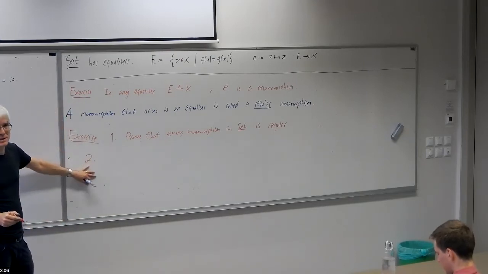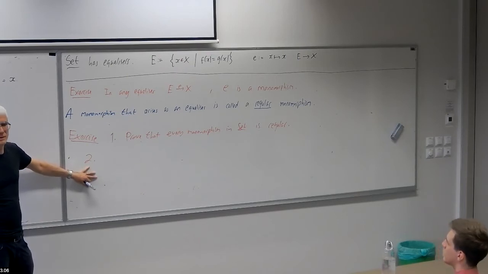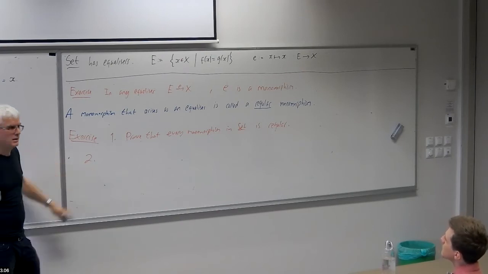The second exercise: I said it's not true in general, in a category, that every monomorphism is regular. In the category of topological spaces, it is not the case that every monomorphism is regular. The regular monomorphisms in the category of topological spaces have a very nice characterization. They're exactly the continuous maps that are what topologists call embeddings.